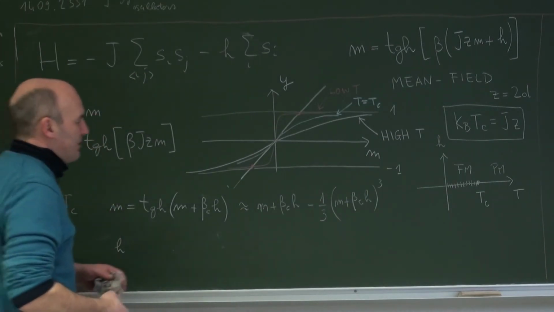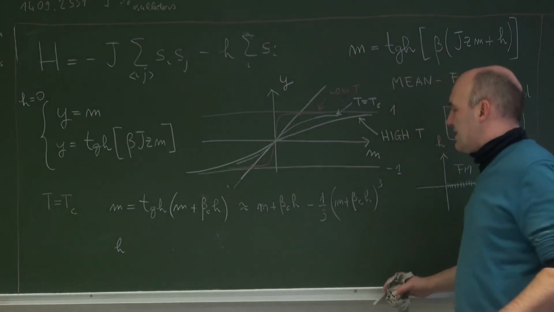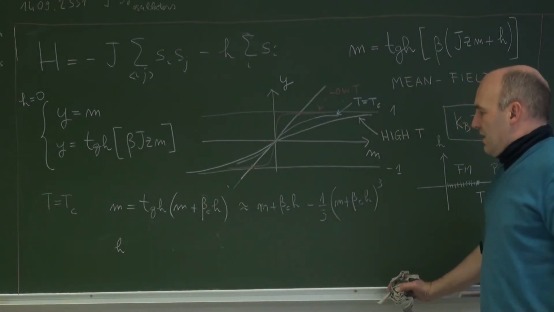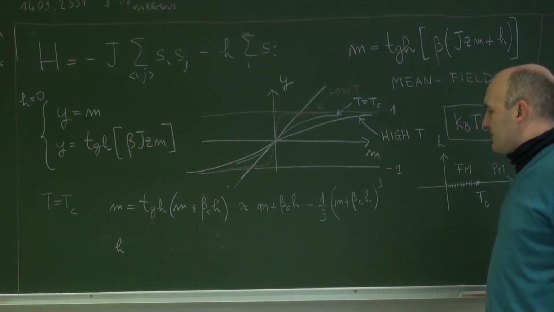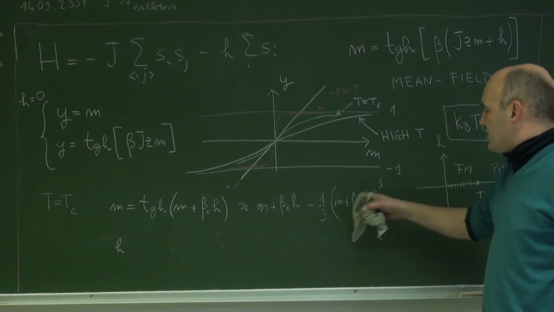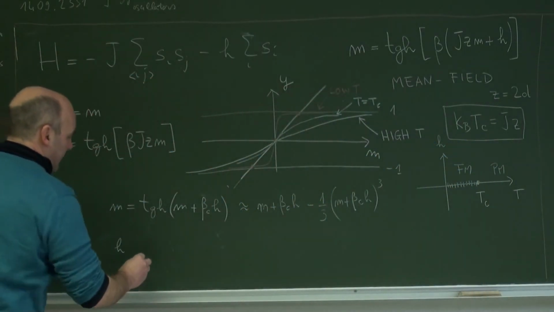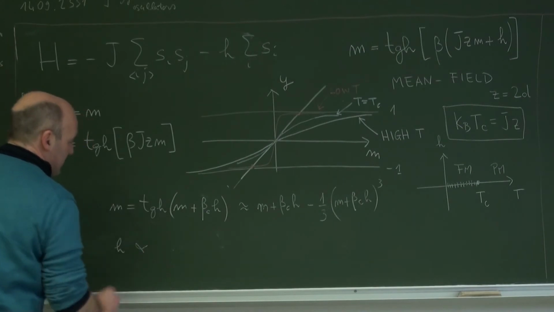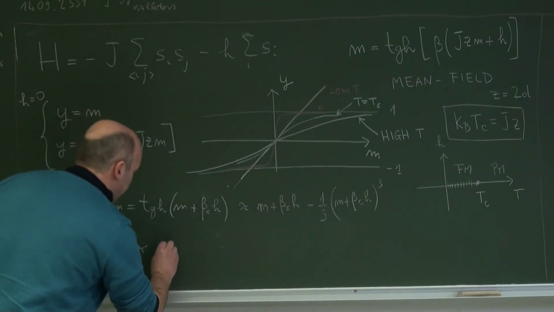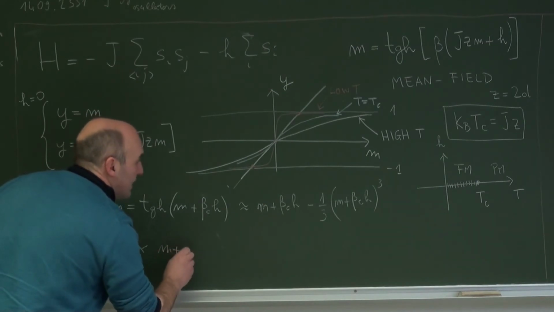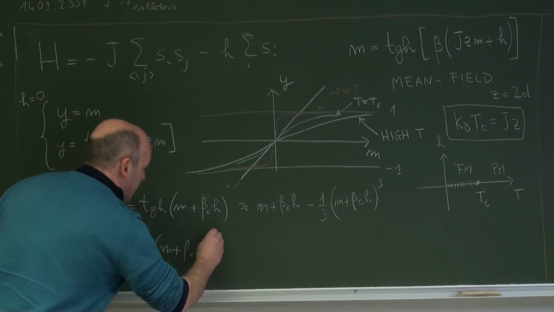So I forget about the proportionality factors here, and I'm only looking at the dependence of h on magnetization. Okay, so if I do so, h comes on this side, and on the other side I have m plus beta c h to the third.